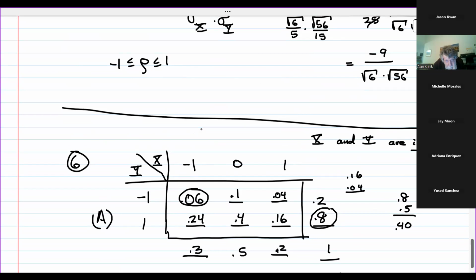Is -1 greater than or equal to 0? No. So don't count that. Is -1 greater than 1? No. So don't count this. Is 1 greater than -1? Yes. So count this. Is 1 greater than 0? Yes. So count this. Is 1 greater than or equal to 1? Yes, it's equal. So it would be all of this.